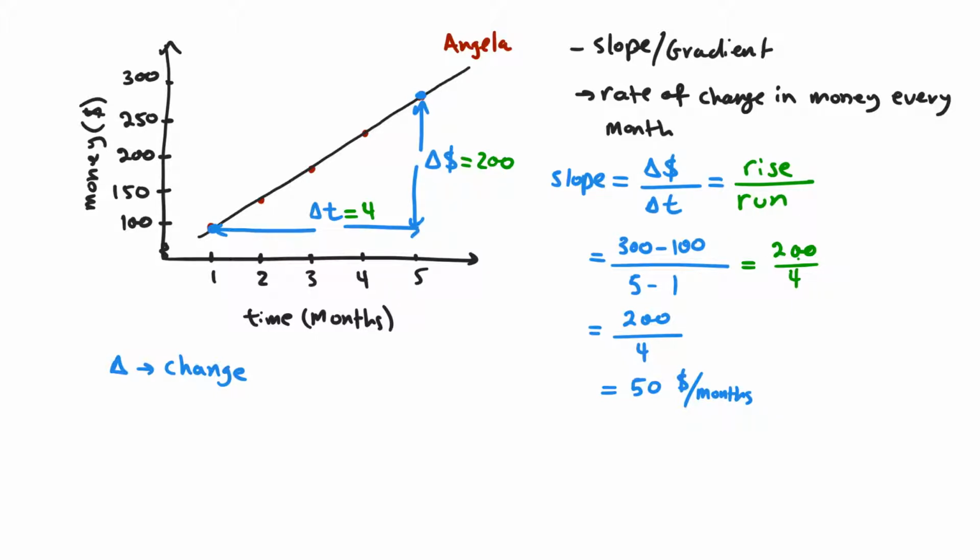I'll write that here so that you don't get confused. This is 200 over 4, which is equal to 50. So I get the exact same thing, with the same unit, dollars per month.